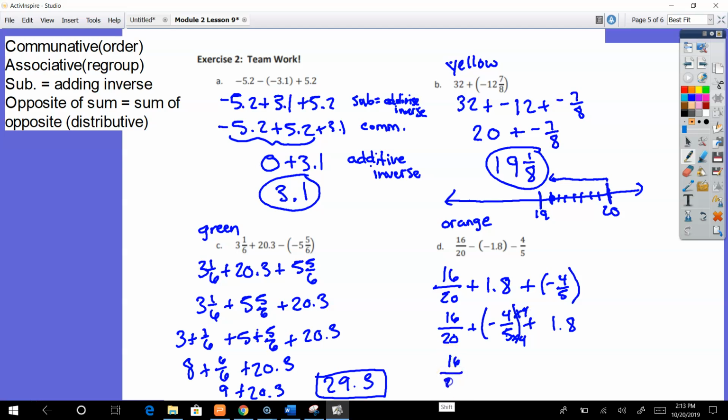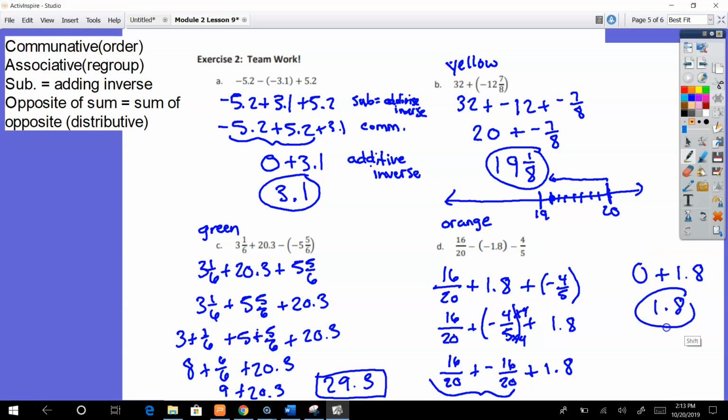So now I've got 16/20ths plus a negative 16/20ths plus 1.8. And together these are additive inverses, so they equal 0. So then I have 0 plus 1.8, and my final answer is 1.8.